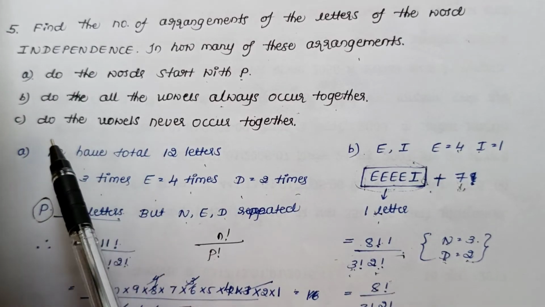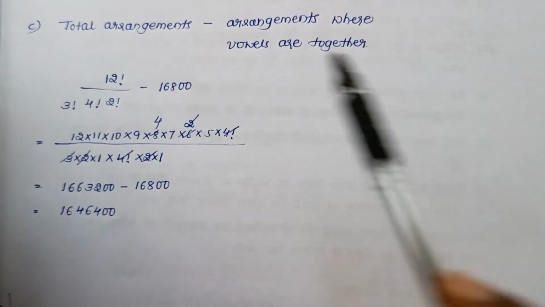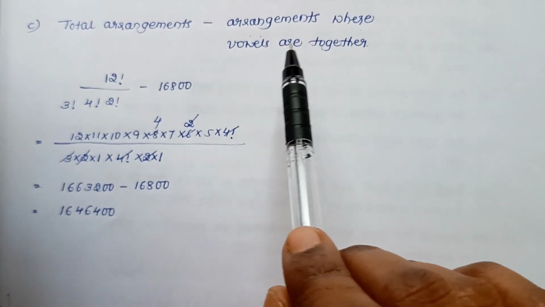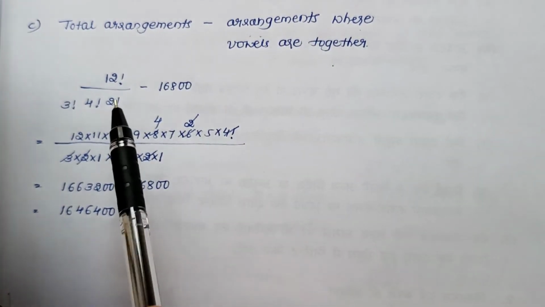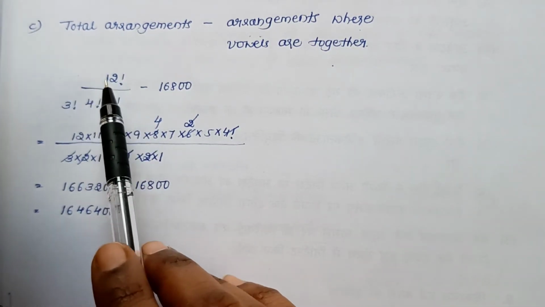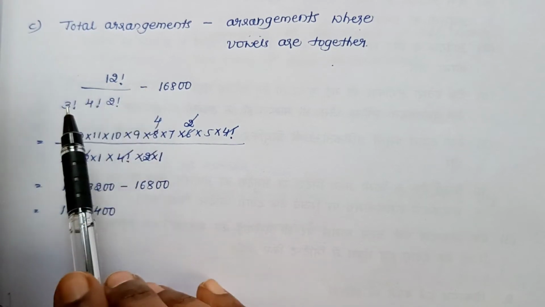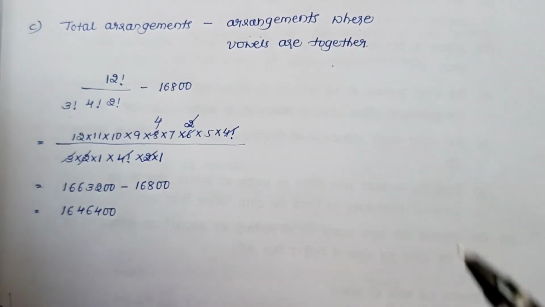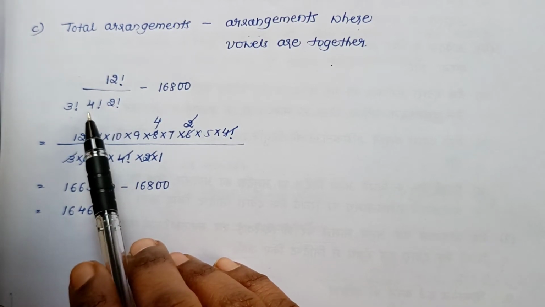Next, when do the vowels never occur together? That is, total arrangements minus arrangements where vowels are together gives the arrangements where the vowels are not together. The total number of letters is 12. So 12 factorial divided by the repeated letters: N has been repeated 3 times, D has been repeated 2 times, E has been repeated 4 times.